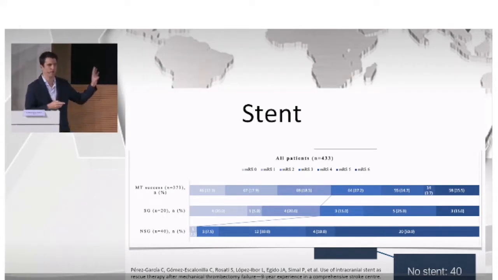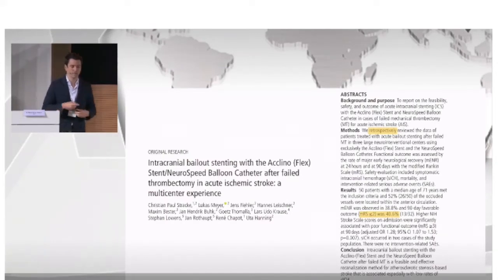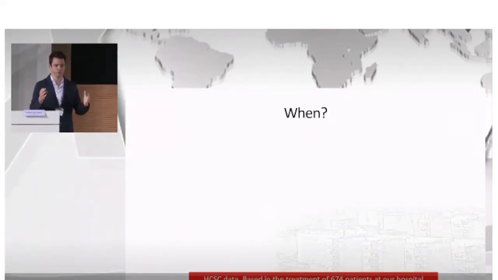So maybe that's why we have that low number. But if you read the literature, the numbers are pretty much the same if you are doing a retrospective analysis. 44% in this paper by Paul, another one with 40%. So we know it should be around those numbers.